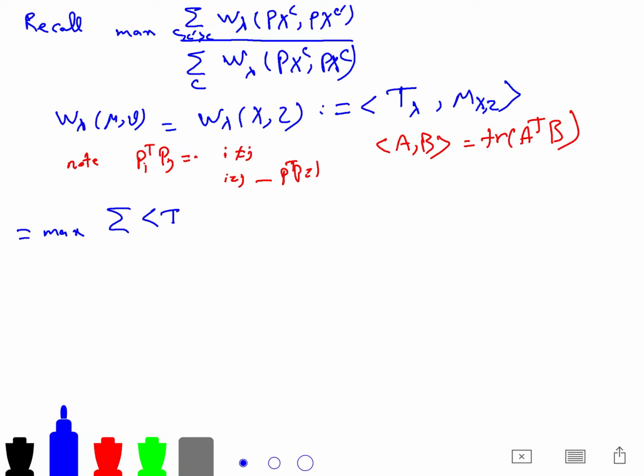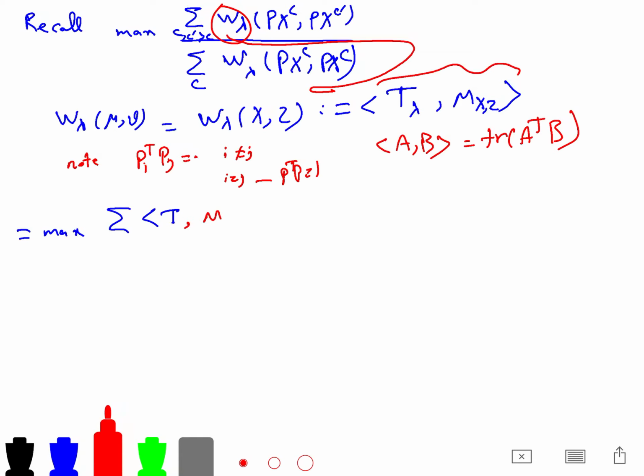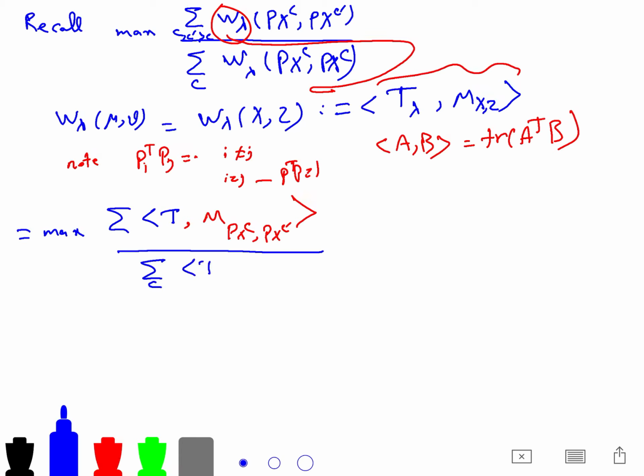The sum of T, so instead of this Wasserstein, you put this: T and M of Pxc and Pxc prime, the inner product of this, divided by, now for class c only, within classes, M of Pxc and Pxc.